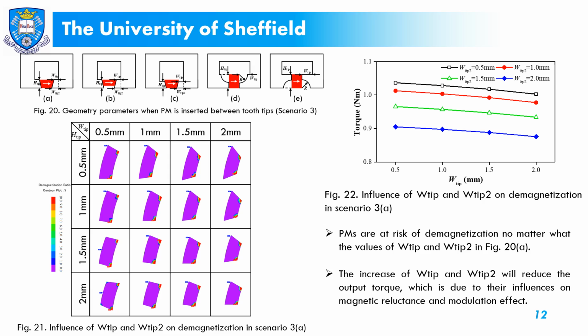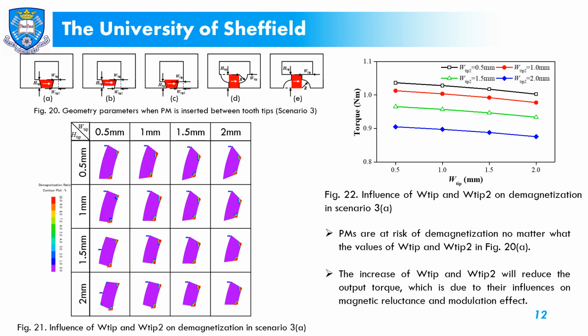Similarly, the demagnetization condition in Fig 20c and d can be predicted from Fig 20a. And the tooth tip shape in Fig 20e is defined by the parameter R and W-tip.